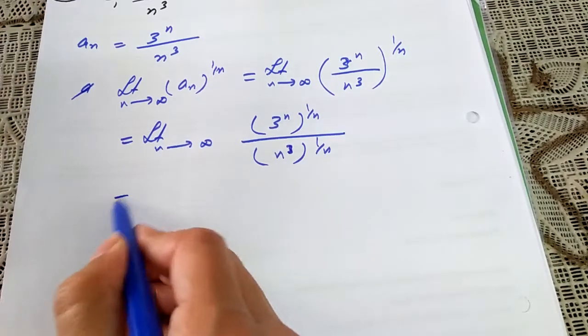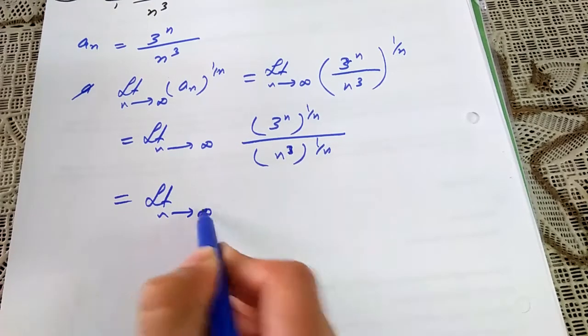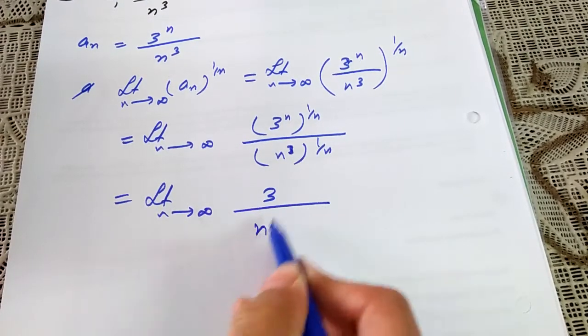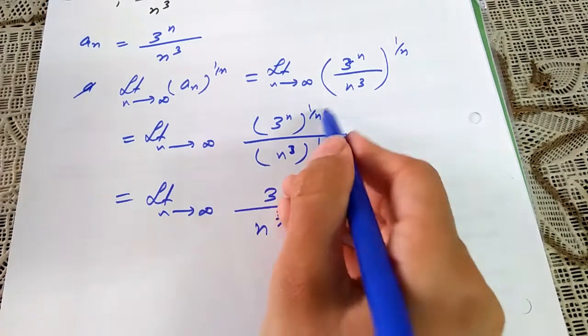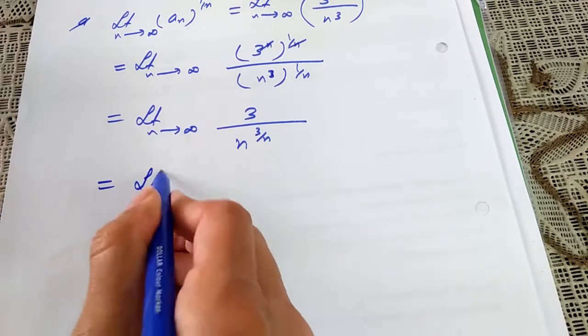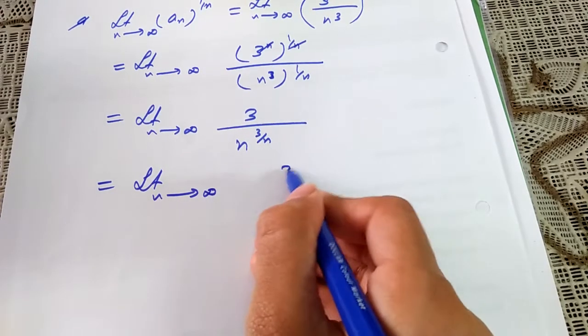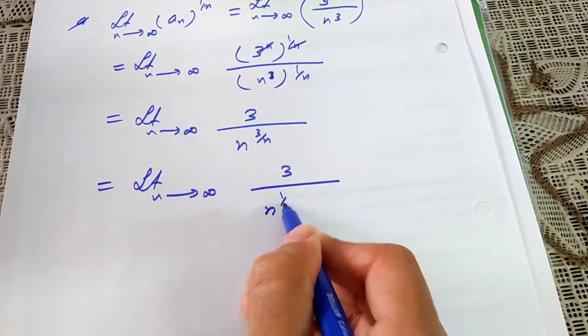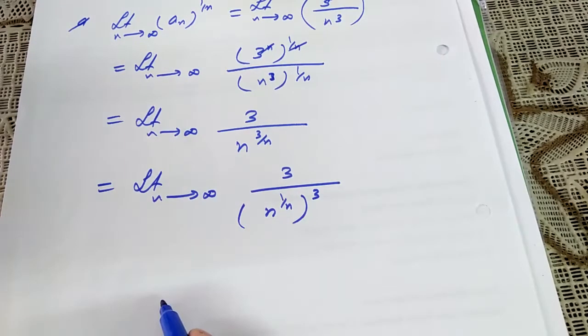So this one will be the limit as n approaches infinity of 3 over n raised to power 3 over n, like this, because this n and n will be cancelled out. Now it can be written as the limit as n approaches infinity of (3 over n raised to power 1 over n) whole cube.